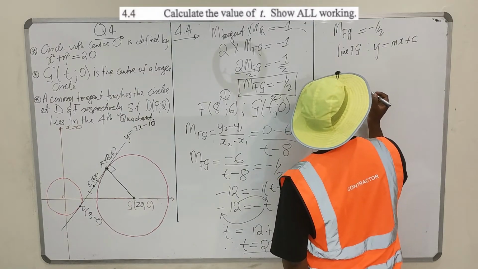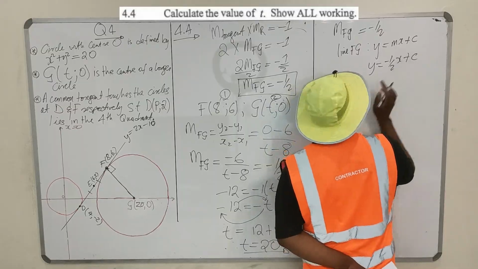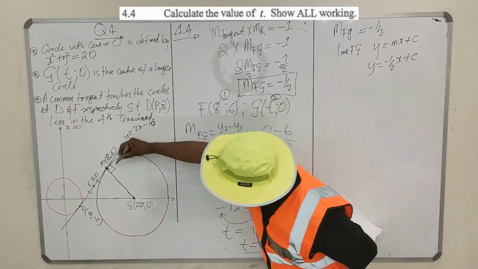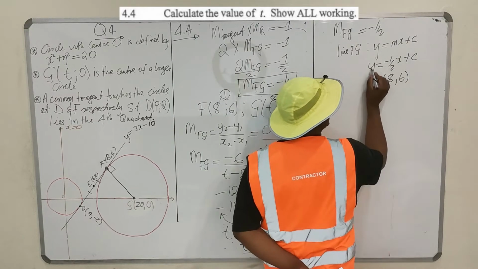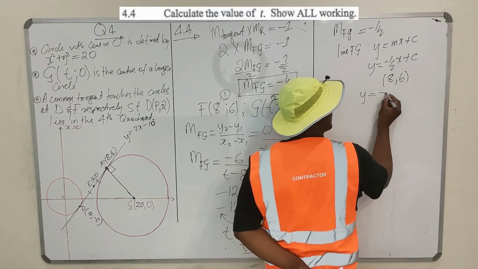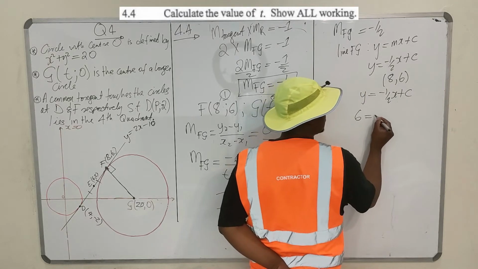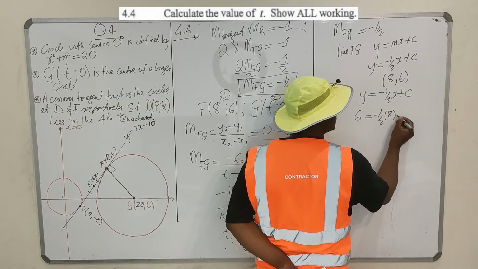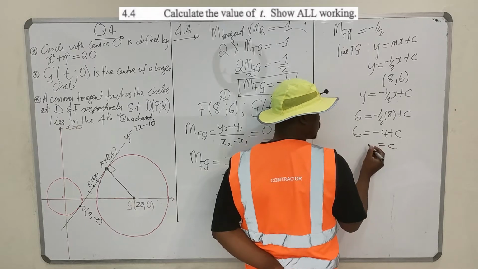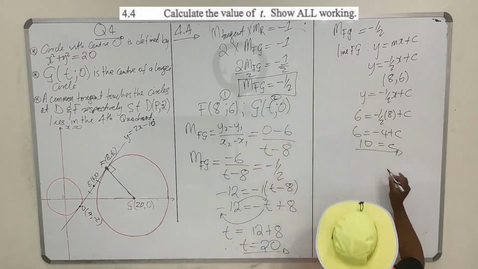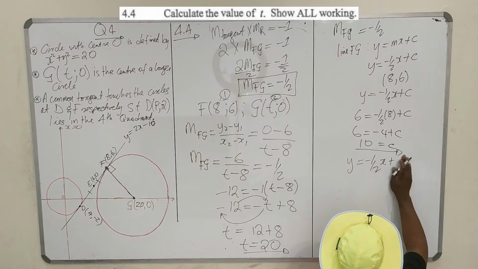So y is equal to minus half x plus c. You can find the value of c because on this line you have the coordinates 8 and 6. So 6 is equal to minus half times 8 plus c. 6 is equal to minus 4 plus c. So c is equal to 10. So the equation of this line is y is equal to minus half x plus 10.